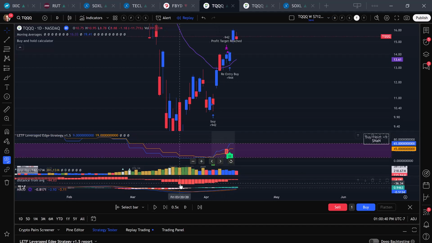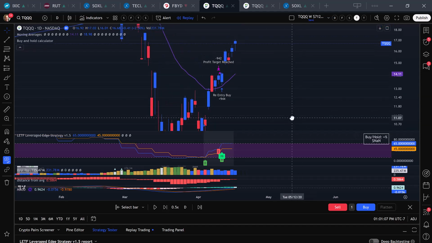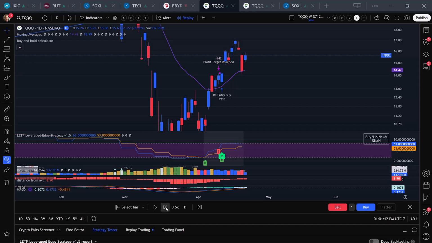And when you do the reentry buy, you'll be able to tell based on the conditions, because you know and understand the rules, that that reentry buy is going to happen at the end of the day. So you'll be prepared to place that order at the end of the day. In any case, my point is that you can anticipate most of these things ahead of time, and therefore you can be prepared to place your trades with your broker in a timely manner.